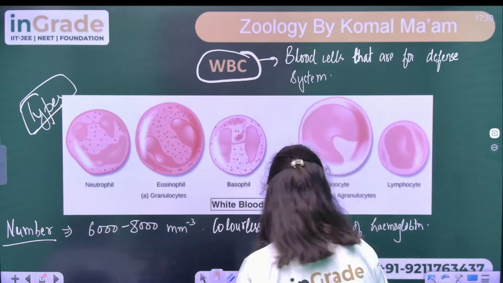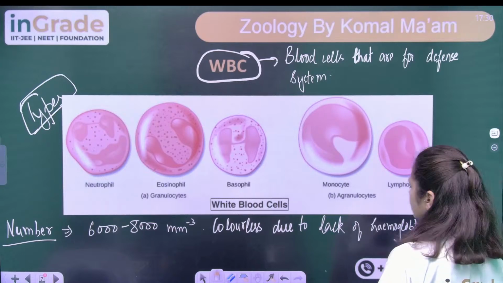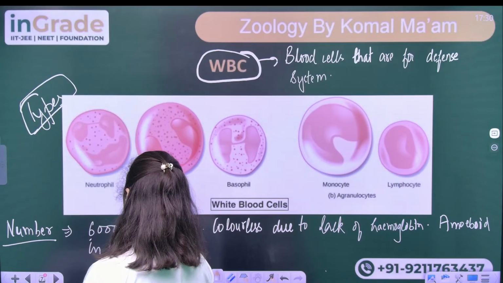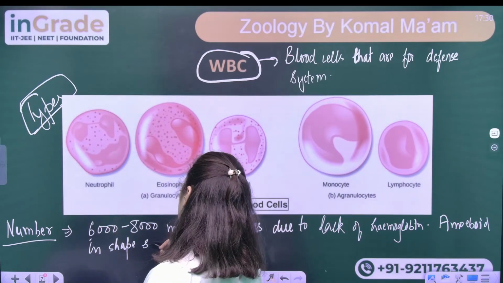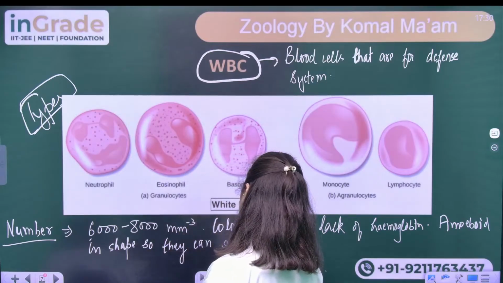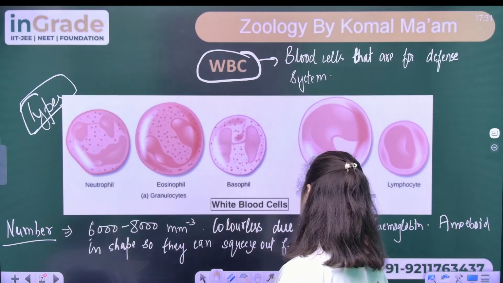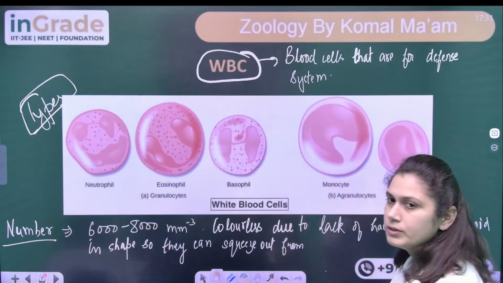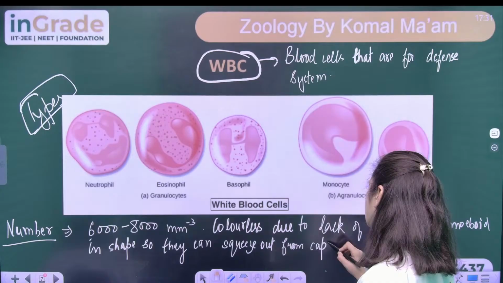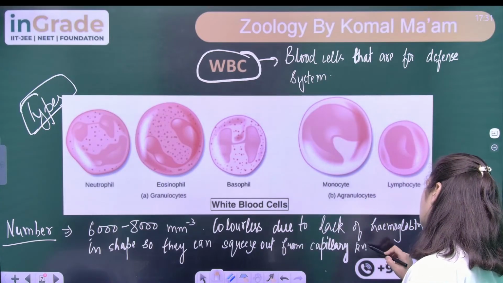Also, their shape is amoeboid, so they can squeeze out from capillaries, and this process is known as diapedesis.